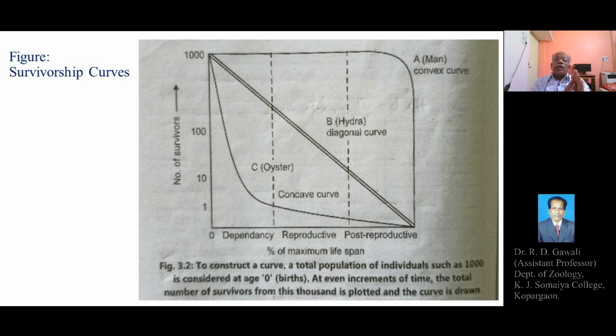Then 333 individuals die during the reproductive life, or in the adult stage, and 333 individuals die in old age, or the post-reproductive life of the population, and that's why the survivorship curve appears to be diagonal or straight, from 1000 to zero in a definite period of time.